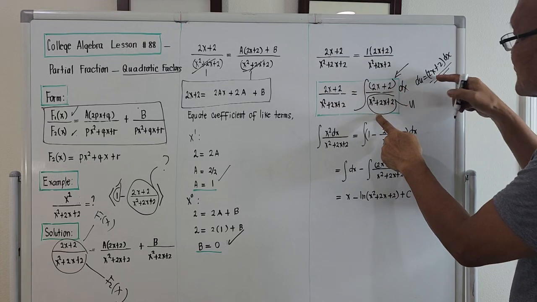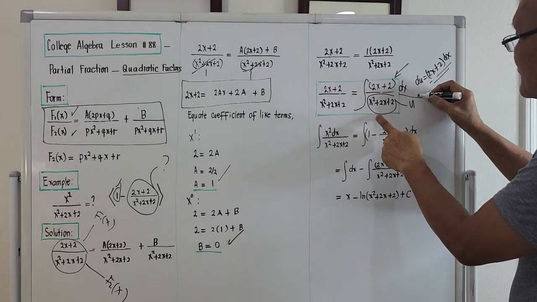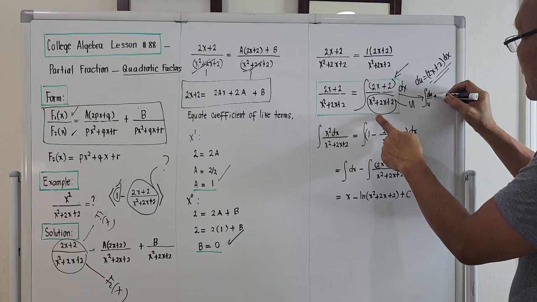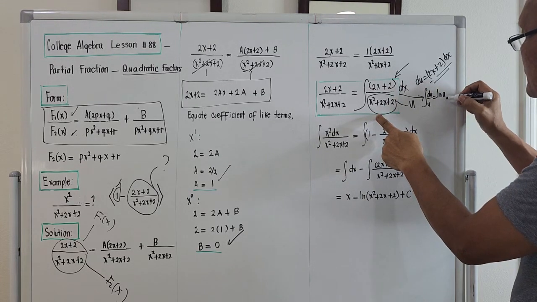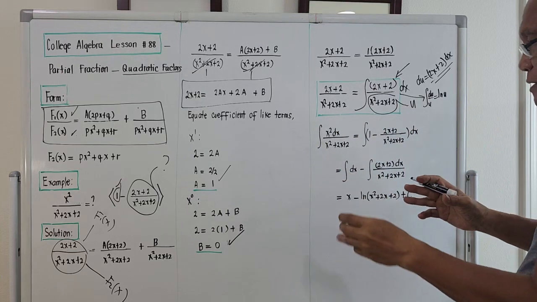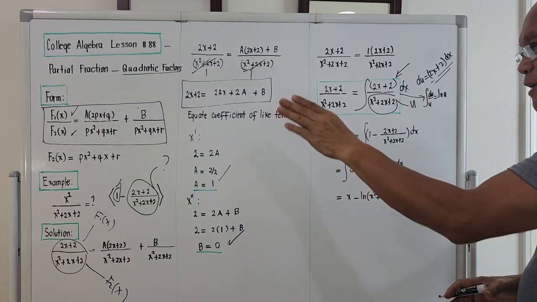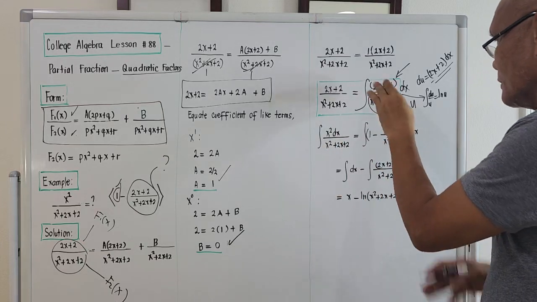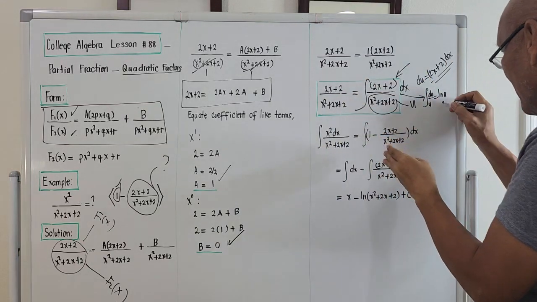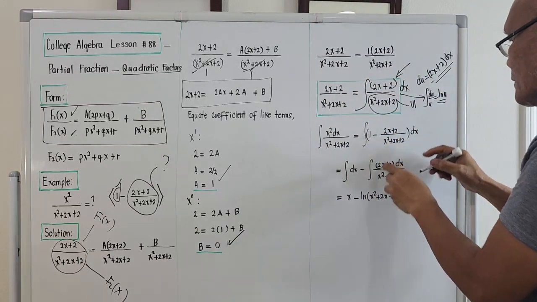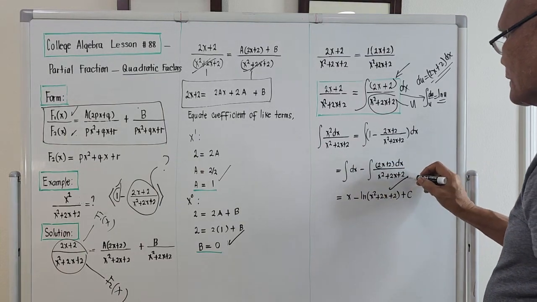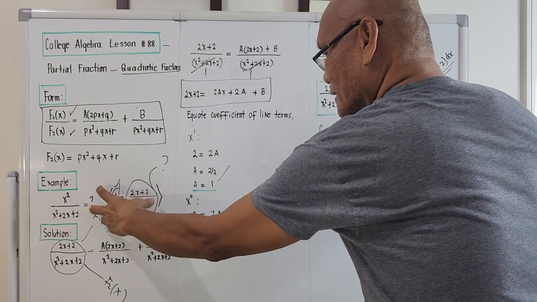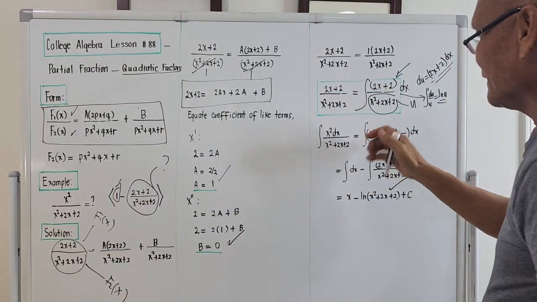So if we integrate this, it will be the integral of du over u, and this should be equal to the natural logarithm of u. So after converting the given partial fraction to its equivalent, it's still the same, and we can integrate now. This now falls under the integral of du over u.